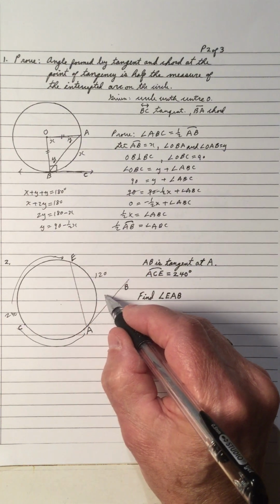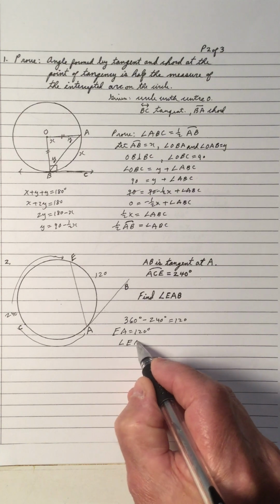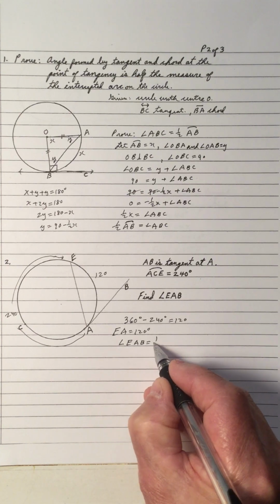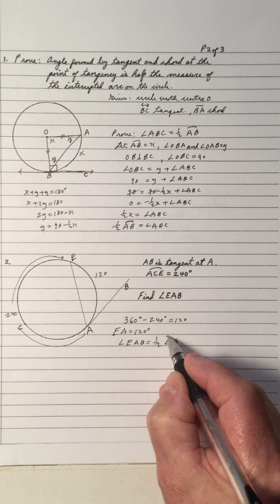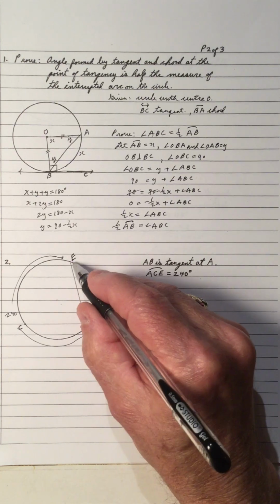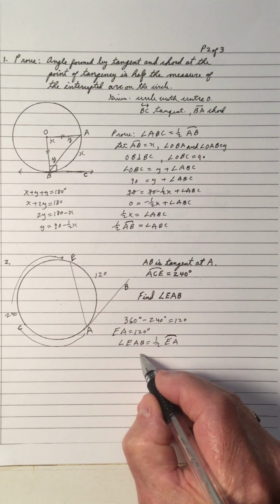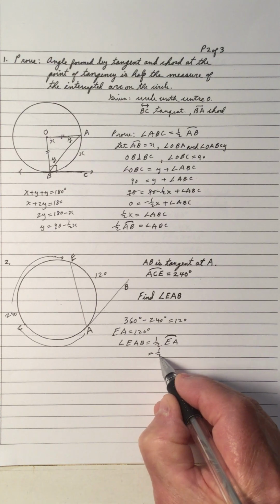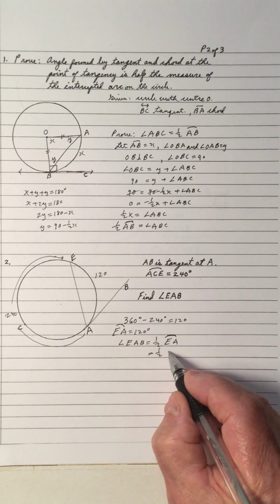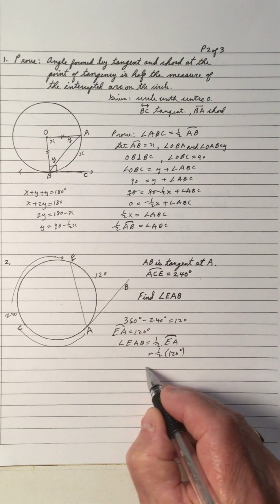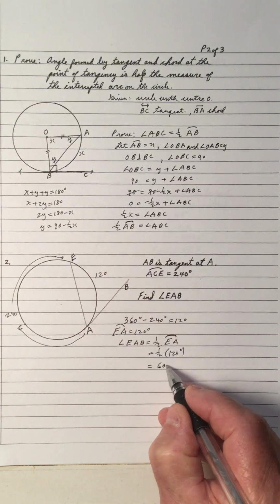If this arc is 120, the angle EAB is half the arc EA, because the angle formed by the tangent and the chord is half the intercepted arc. So it's half of 120, which means this angle EAB is 60 degrees.